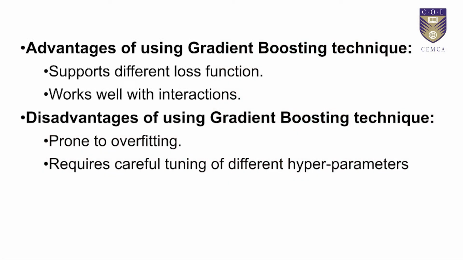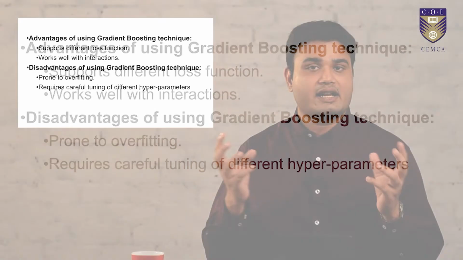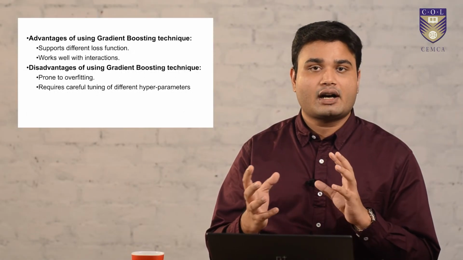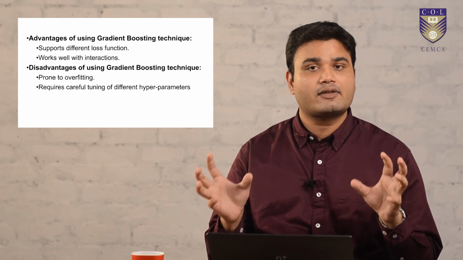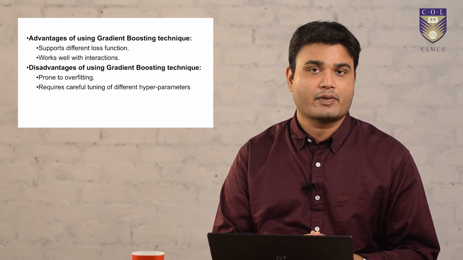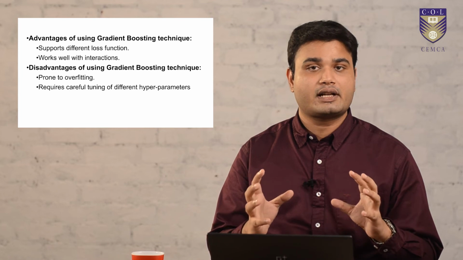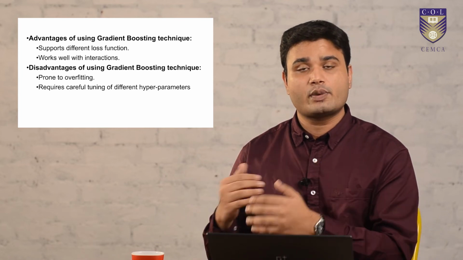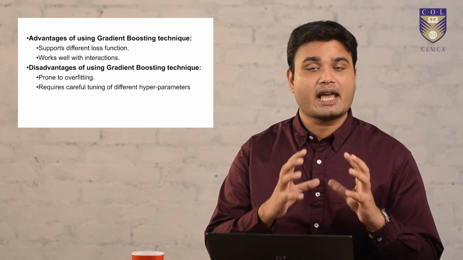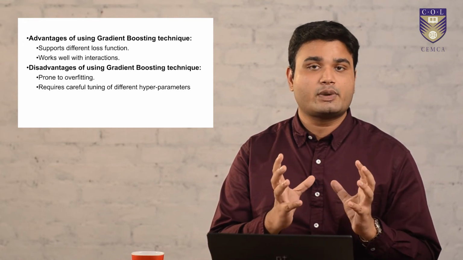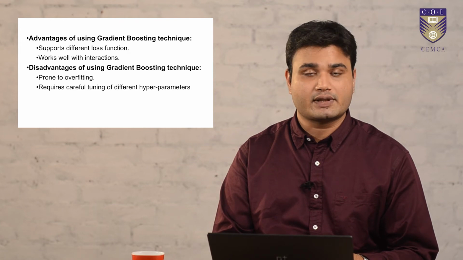When we have multiple features, some features can interact with other features to give unique results. These interactions are effectively captured by the gradient descent algorithm, where we are only concentrating on the loss function and every sequential model is actually reducing the error. So we are effectively able to capture the interaction between the various features that we are using.